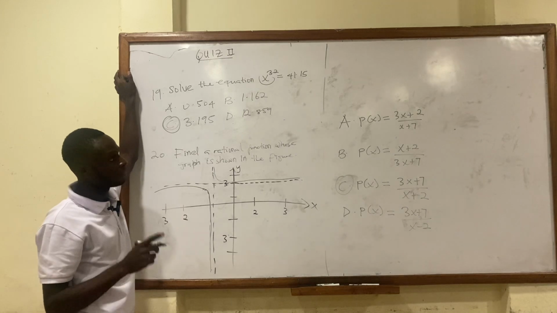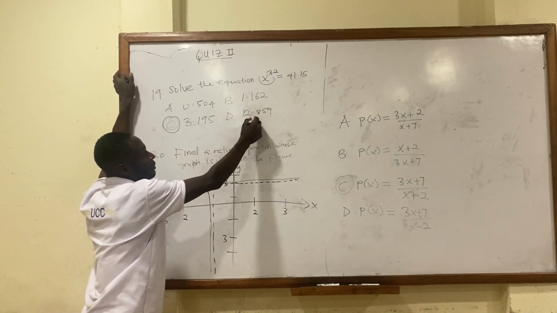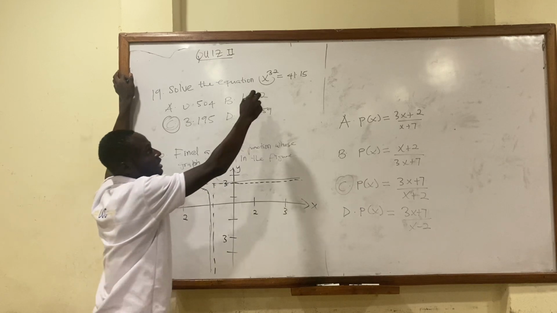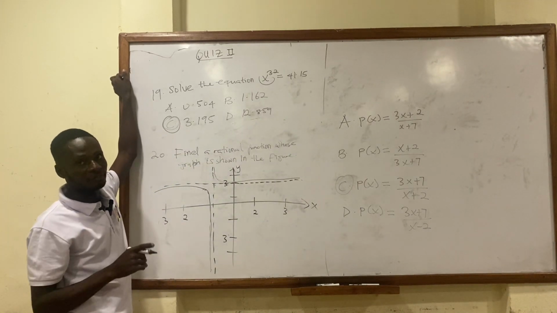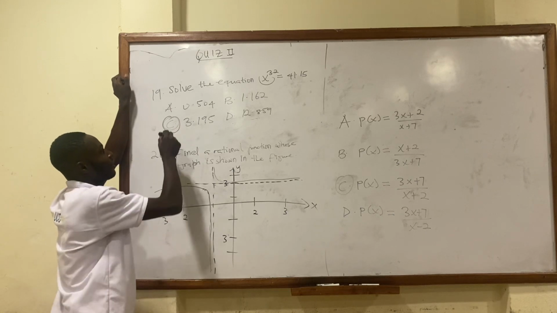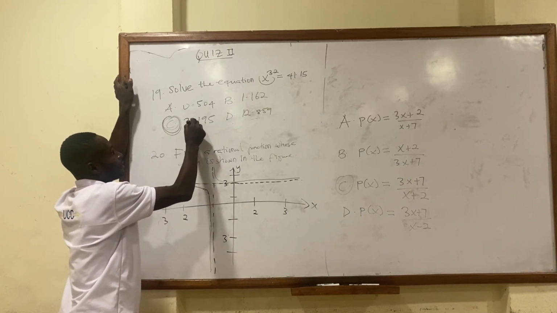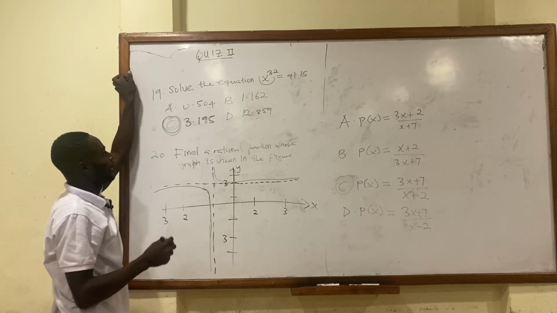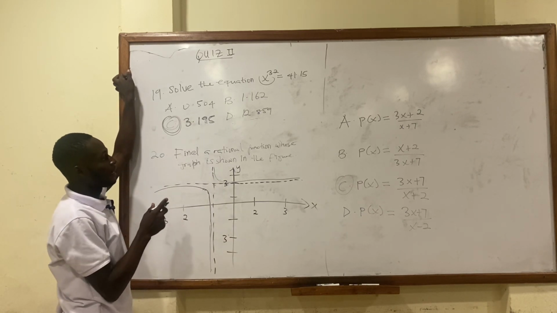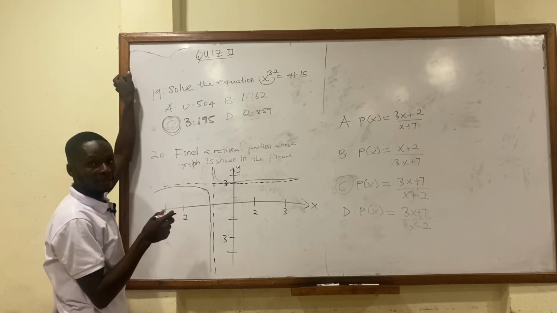It's going to give you 41.15, but 12.859, if you put it inside and you check the value, it's not giving you 41.15. So we say our correct option for this question is 3.195, option C. And then 20, find a rational function whose graph is shown in the figure above.